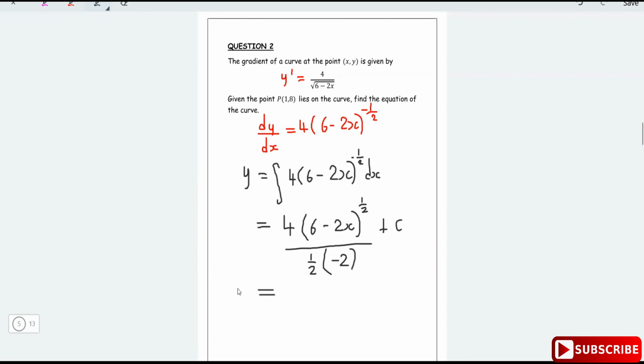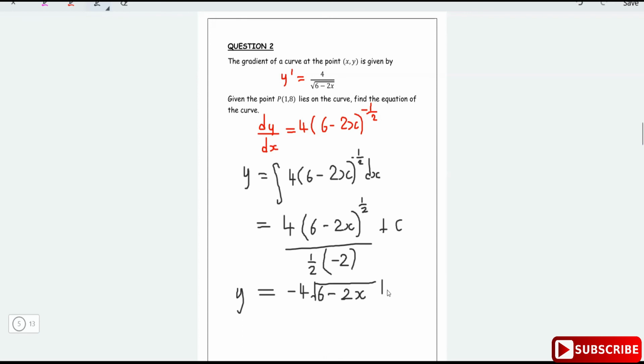Simplifying this, y works out to be equal to minus 2 times half is minus 1, 4 over that is minus 4, and then 6 minus 2x to the half can be written as the square root of 6 minus 2x, plus c.